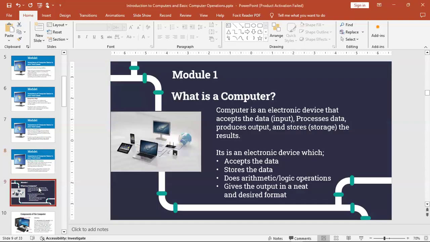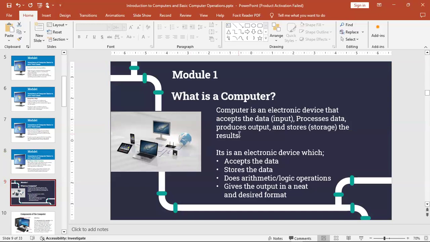So a computer is an electronic device that accepts data, which is what we also call input. It processes the data and stores the result. It accepts data, processes data, produces output, and stores a result.